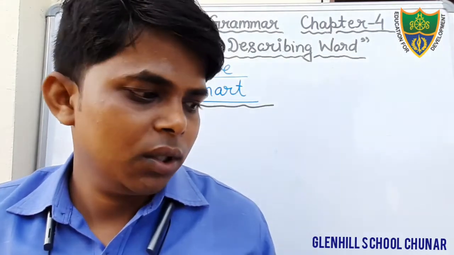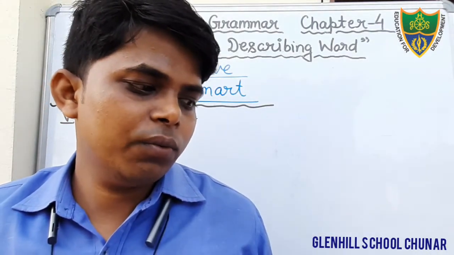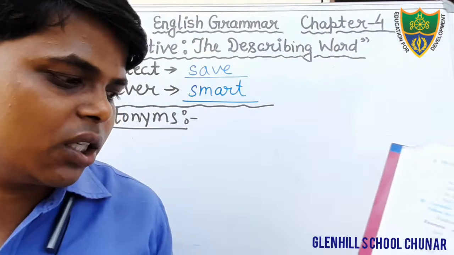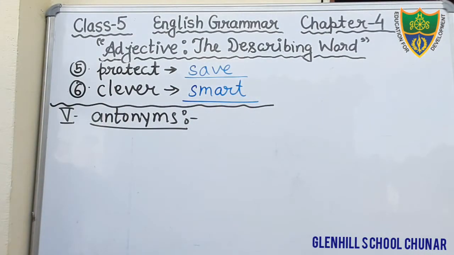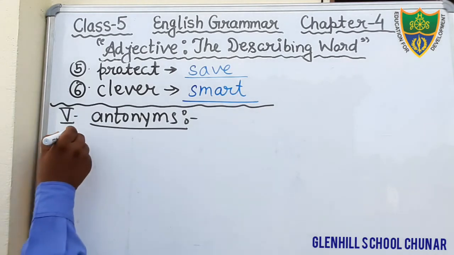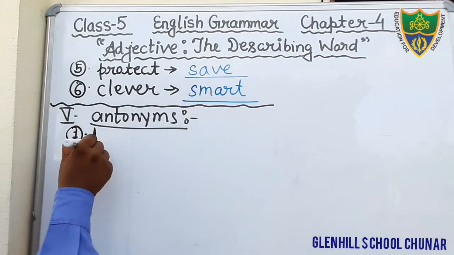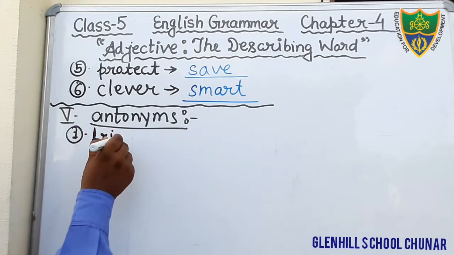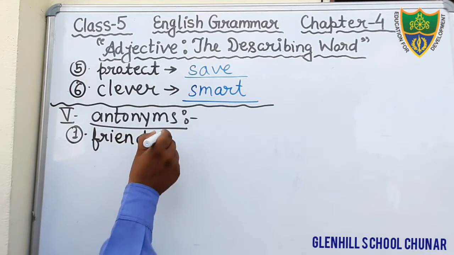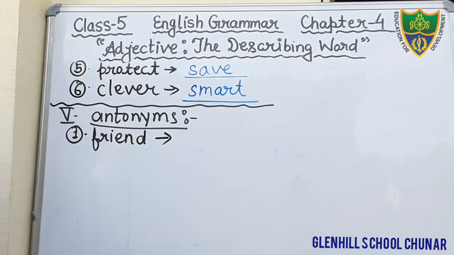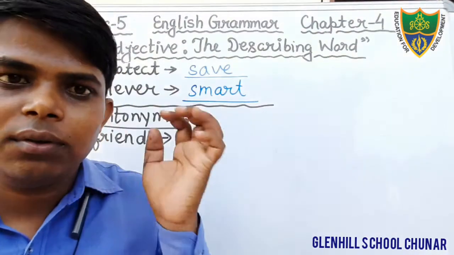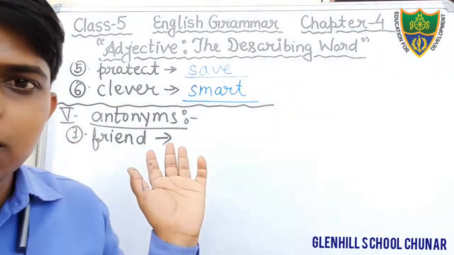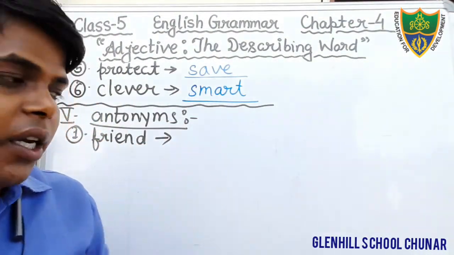So we will discuss this exercise 5, antonyms. The first question is friend, F-R-I-E-N-D. What would be the opposite word for the word friend? Enemy.